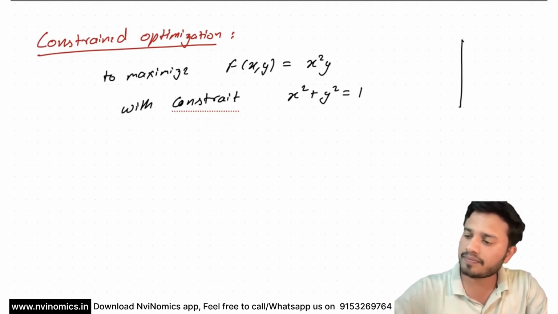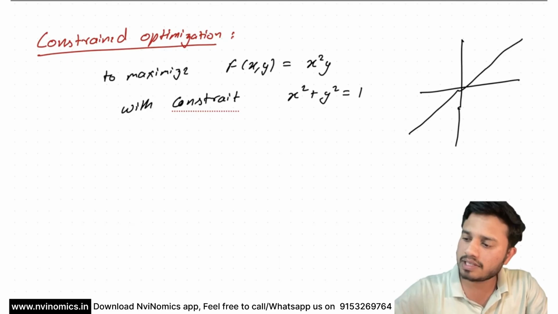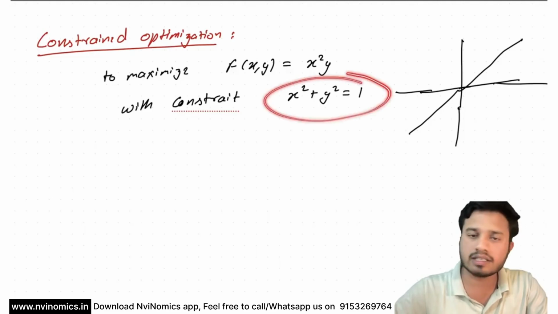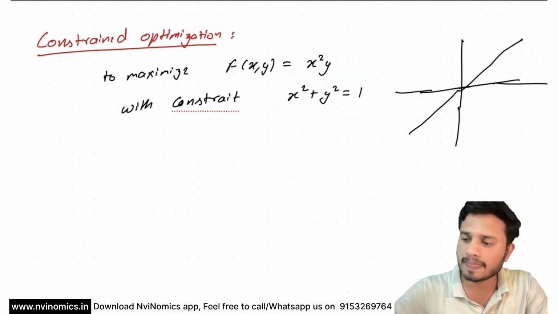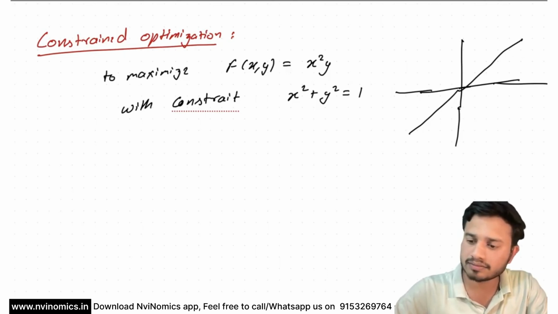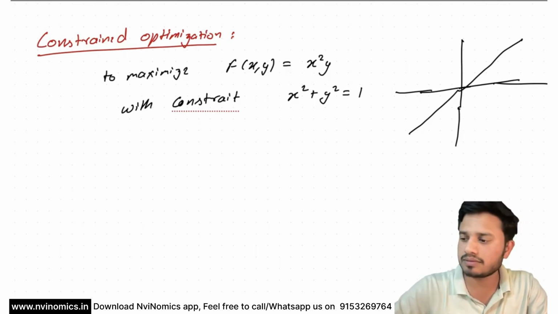Suppose that we have this 3D space, and this is representing a circle. I'm telling you what the problem is.